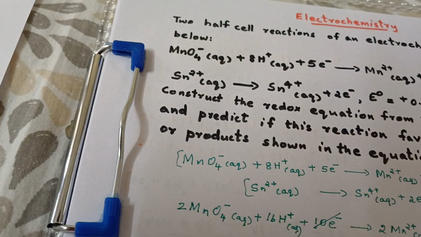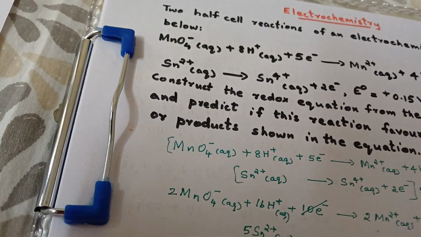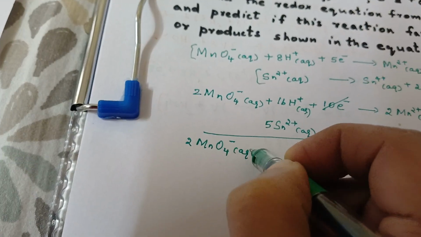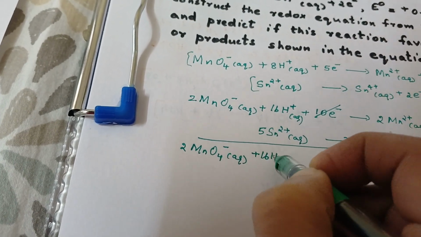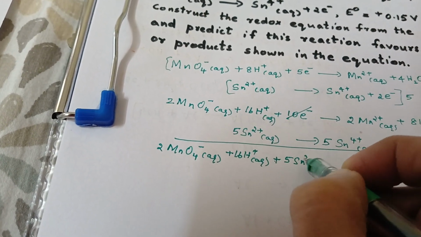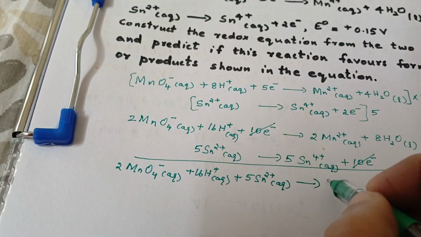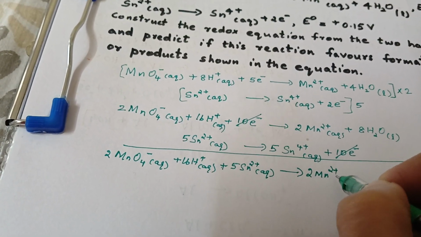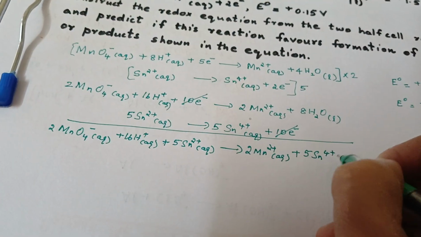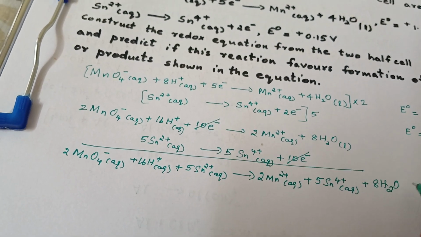Now let us add these two half-reaction equations together. 2MnO4 minus aqueous plus 16H plus aqueous plus 5Sn2 plus aqueous giving 2Mn2 plus aqueous plus 5Sn4 plus aqueous plus 8H2O liquid.